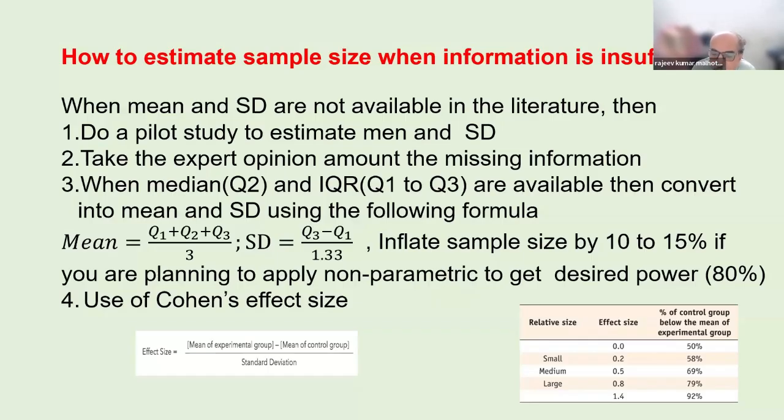Or if you have one group, you can assume the same standard deviation, and take the clinically important difference from your point of view, and then find out your effect size or how much sample size is needed. That I will explain in how to calculate the sample size. But I don't use the ready-made effect size. This is what I call the ready-made effect size. Cohen effect size, in my opinion, is not good for calculating the sample size.